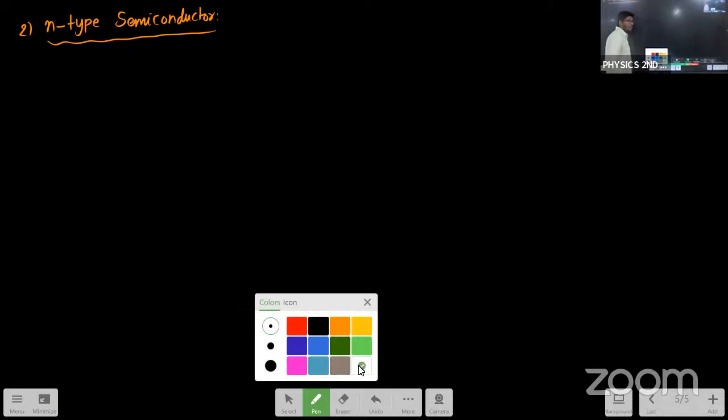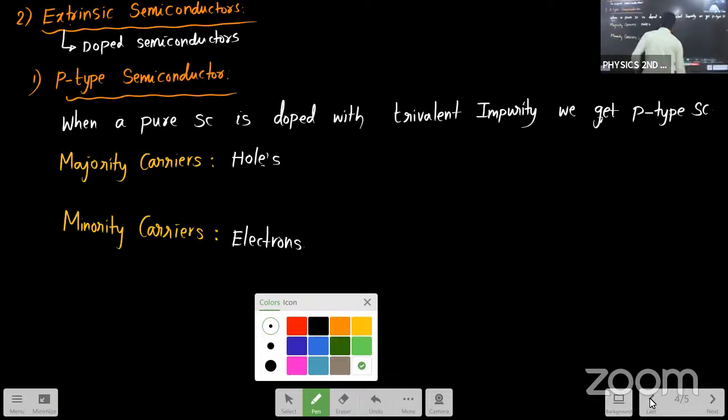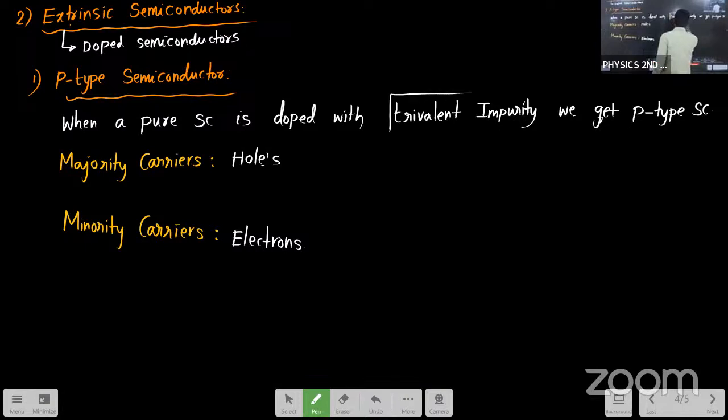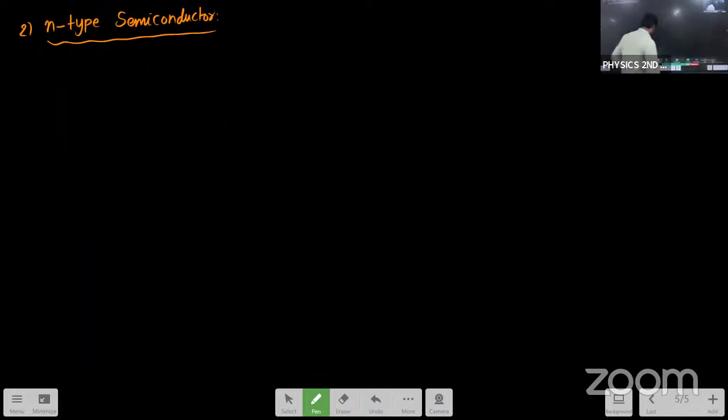N-type semiconductor. Again, we'll be getting N-type semiconductor by doping, but which type of element impurities should we add? Here we should add pentavalent impurities. So what is the answer we have written here? When a pure semiconductor is doped with trivalent impurity, we get P-type semiconductor. So here what am I supposed to write?